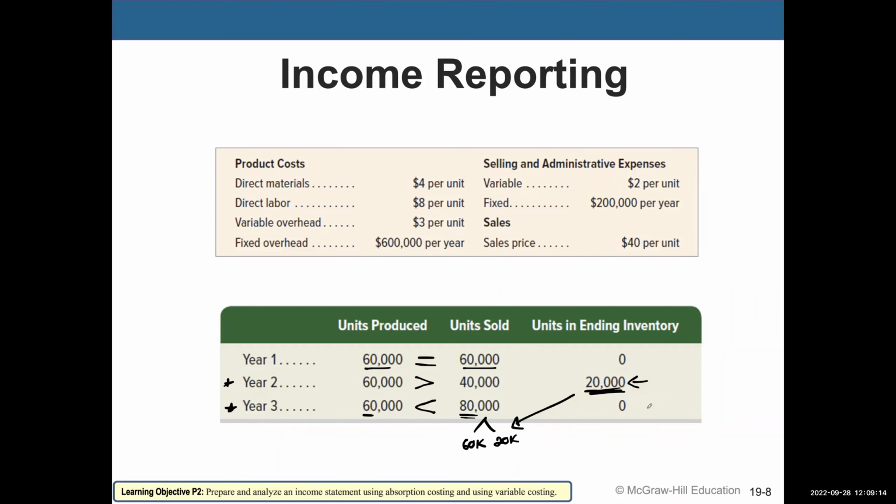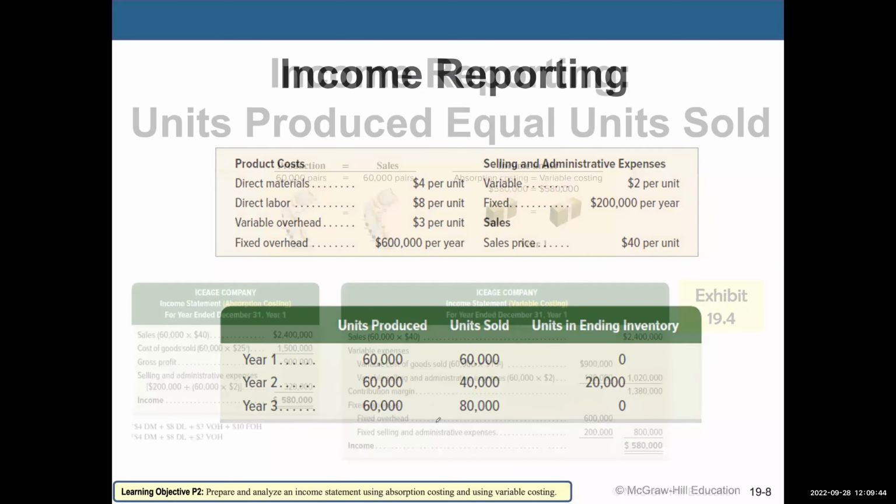That doesn't happen with variable costing. So in years when we have inventory left over, what we'll find is absorption income will be higher. But when things reverse later on, for example, in this case, in year 3, when we sell those old units, everything will reverse and we'll see absorption costing income ends up lower because the costs previously deferred, specifically the fixed overhead, will then get recognized in that next year.